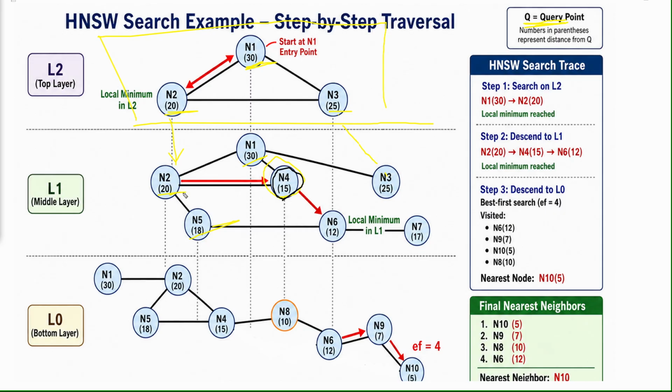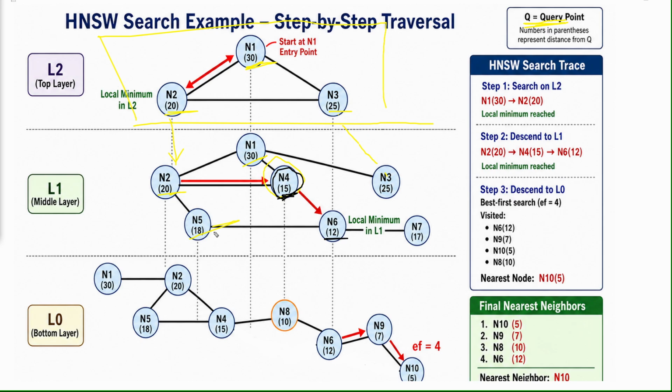So we started from here, we checked its neighbors, and here 15 is the minimum. Again from here we will check its neighbors. Its neighbors are only this point, and this is minimum, right? So again we will start from here and check its neighbors.